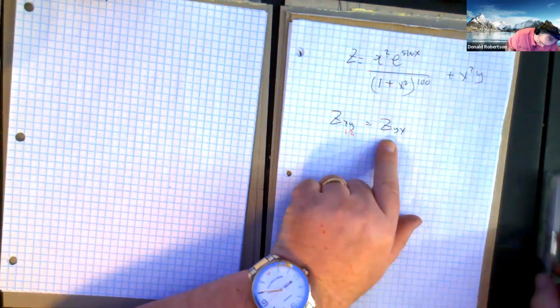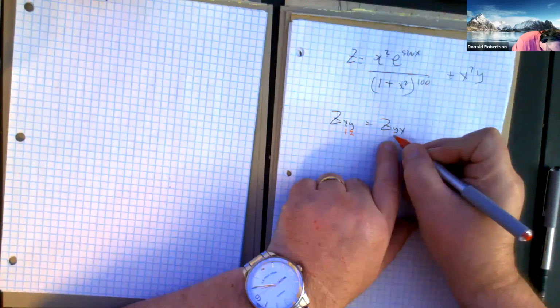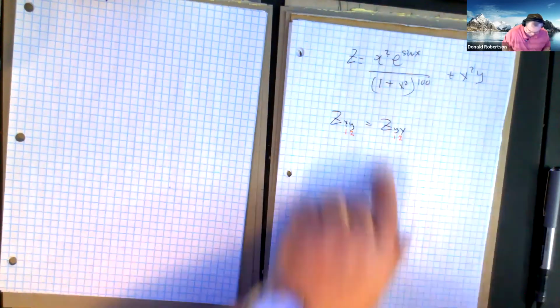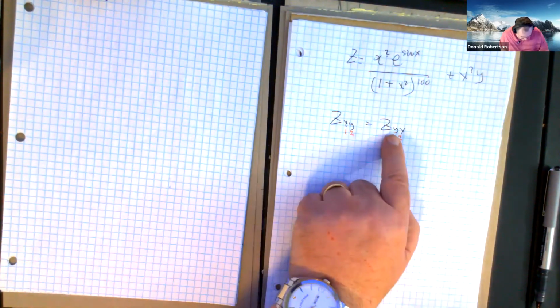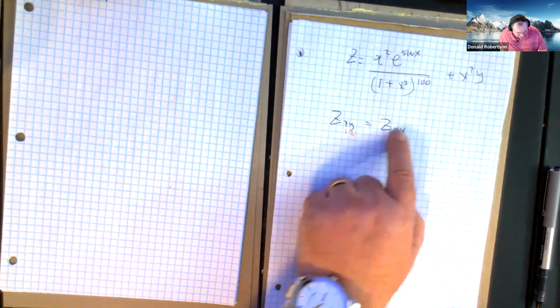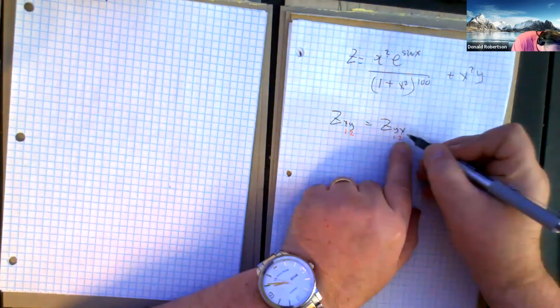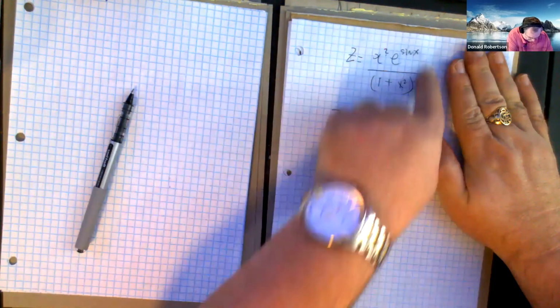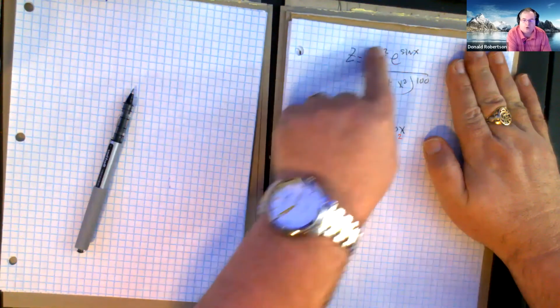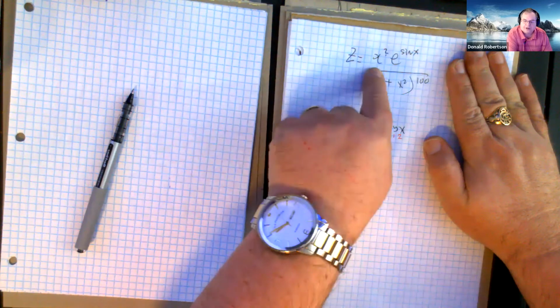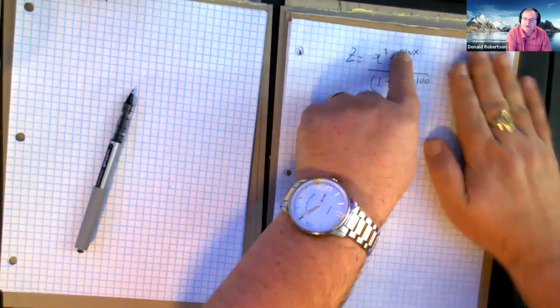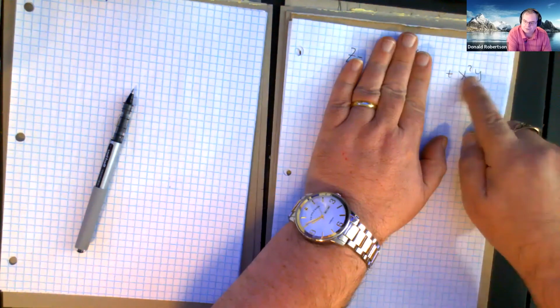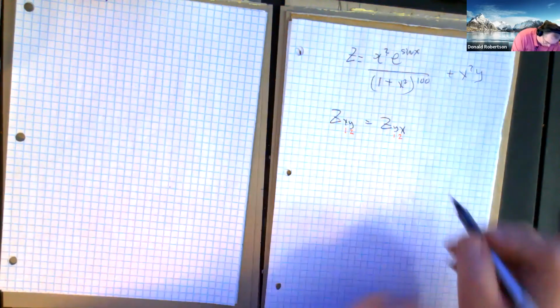So Clairaut says you can do that one. Do y first, and then whatever that answer is, differentiate it with respect to x. If you differentiate this with respect to y, since all of this is constant, its derivative is just 0. And if you differentiate this with respect to y, you just get x squared.